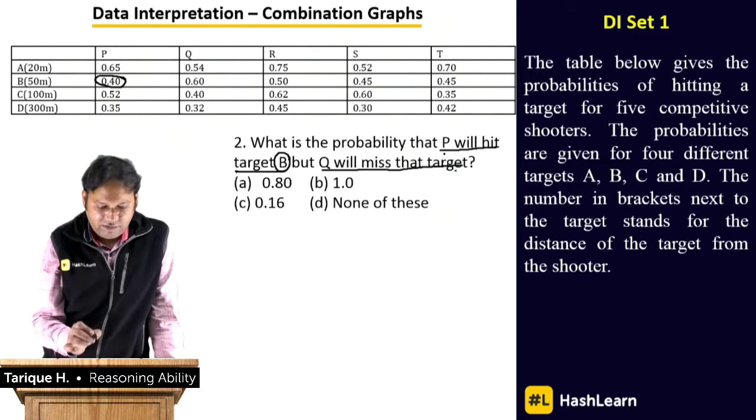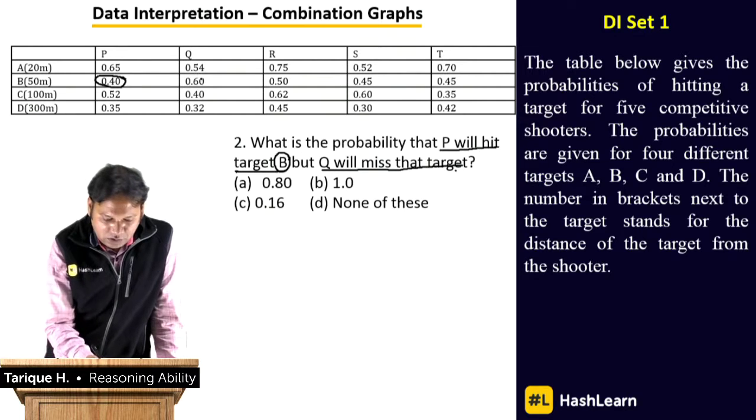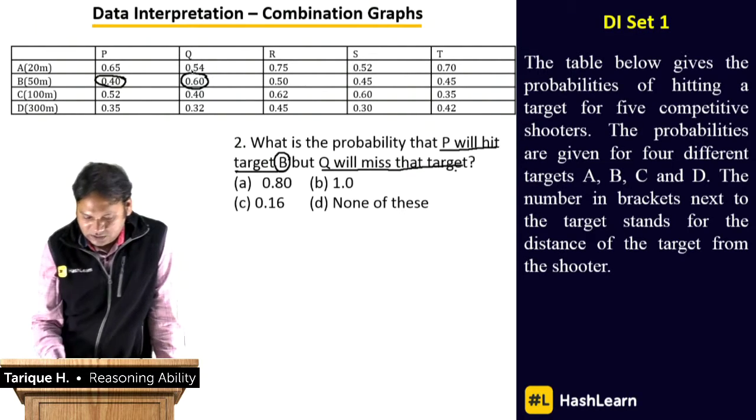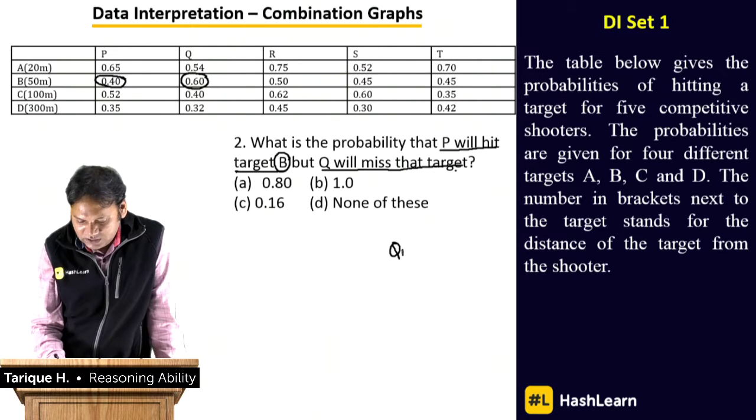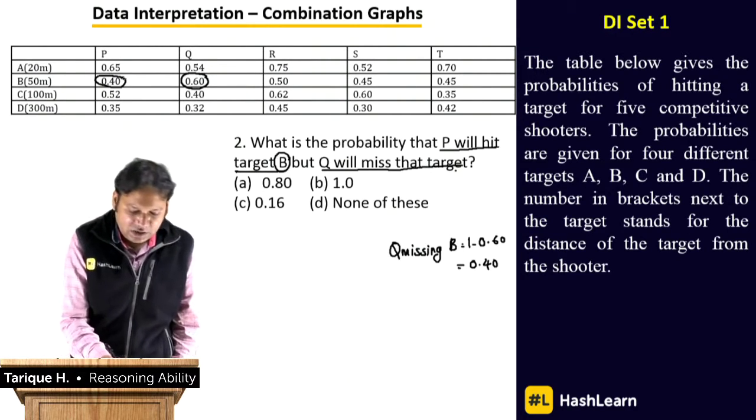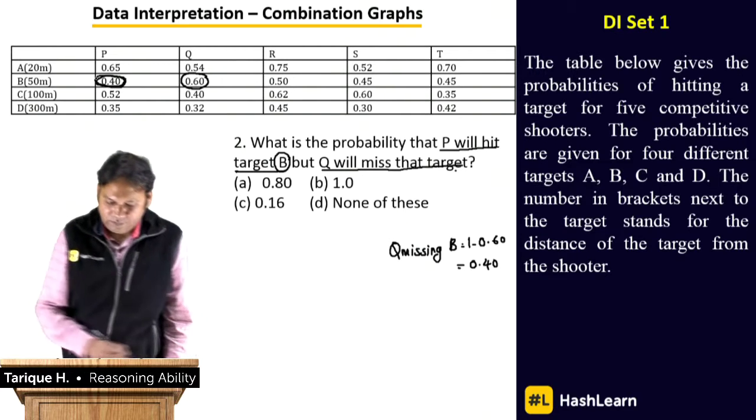So Q hitting the target is 0.60. So for Q missing target B, it's 1 minus 0.60, that's 0.40. Okay, and for P hitting, it's also 0.40.